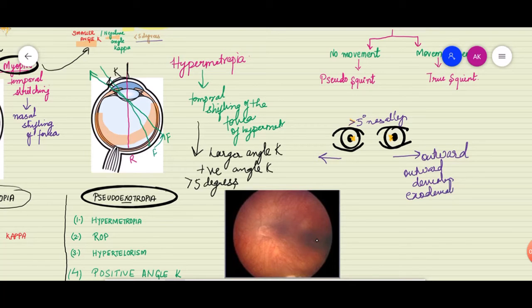So it will look as if the patient has an apparent exotropia, and because this is apparent and only because of the large angle kappa, it is called pseudoexotropia. So pseudoexotropia is seen in case of hypermetropia.